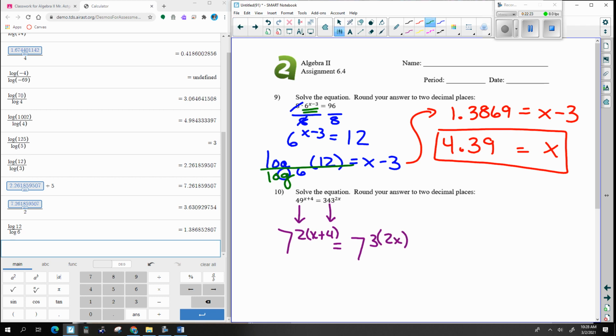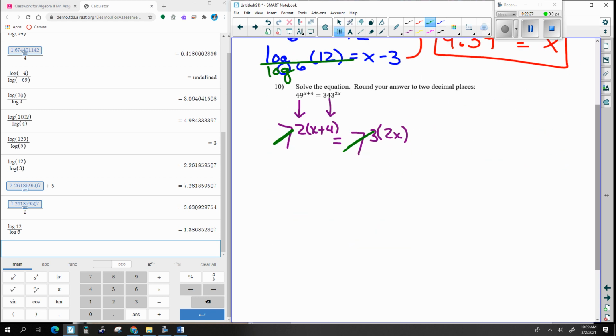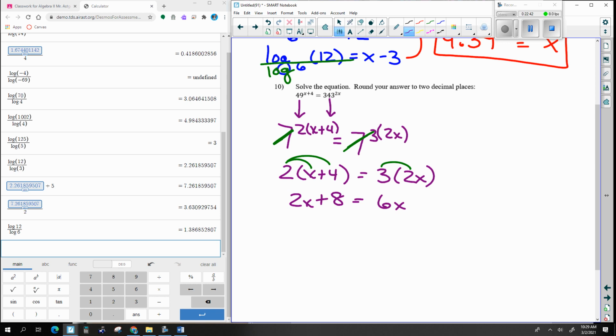But because I was able to turn them into the same number, that number drops, and now it's just old school math. I'm going to subtract 2x and then divide by 4.